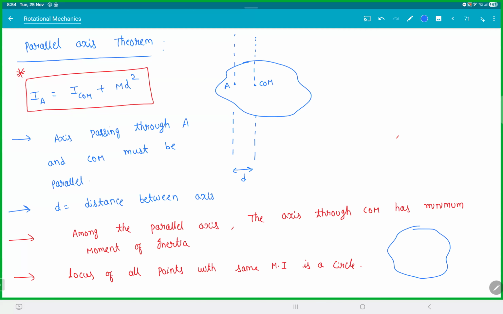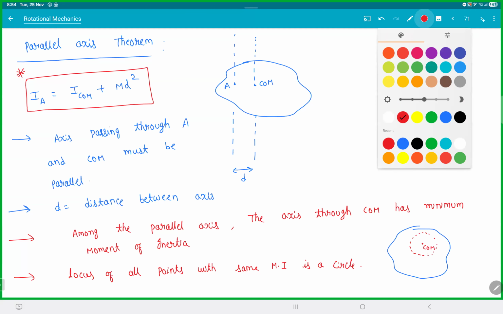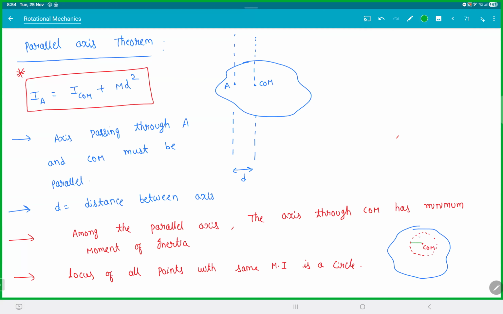So if you have a body, and this is the center of mass, and then all these points which are equidistant from it, as long as you maintain the distance d the same, the moment of inertia will be the same.